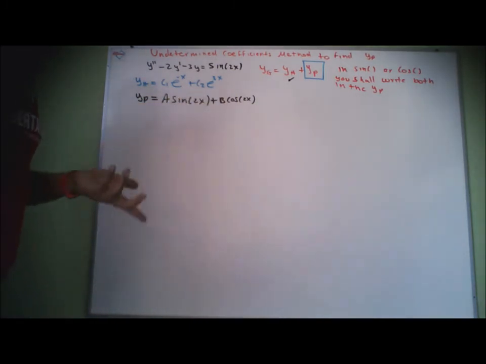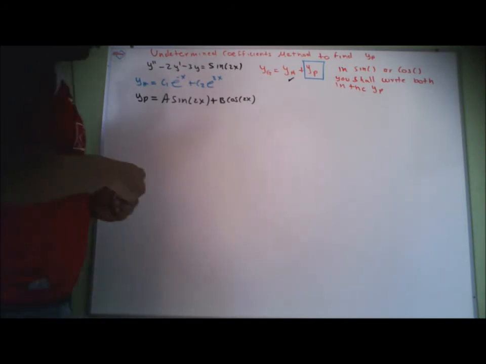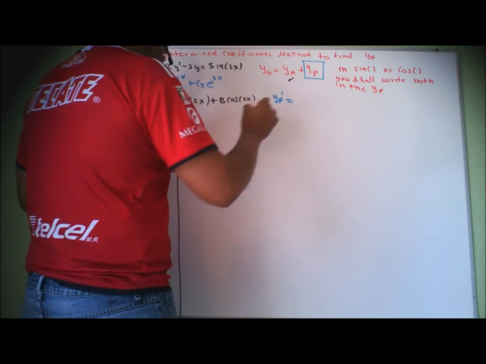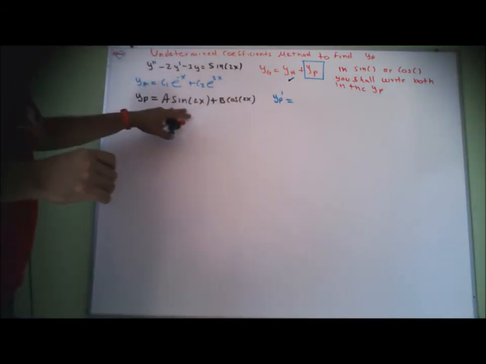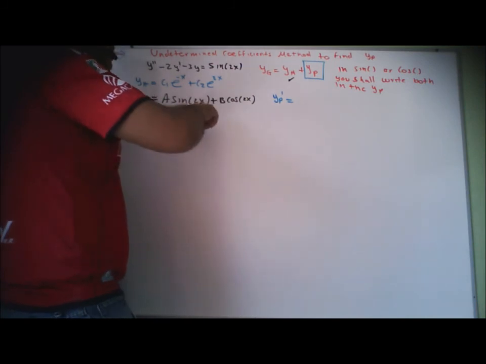Now the procedure is still the same. We are going to replace this in the differential equation. To do so, we have to find the particular solution's first derivative and second derivative. So let's do it. The first derivative: the derivative of the sine is the cosine, times the derivative of 2x, which generates a 2.